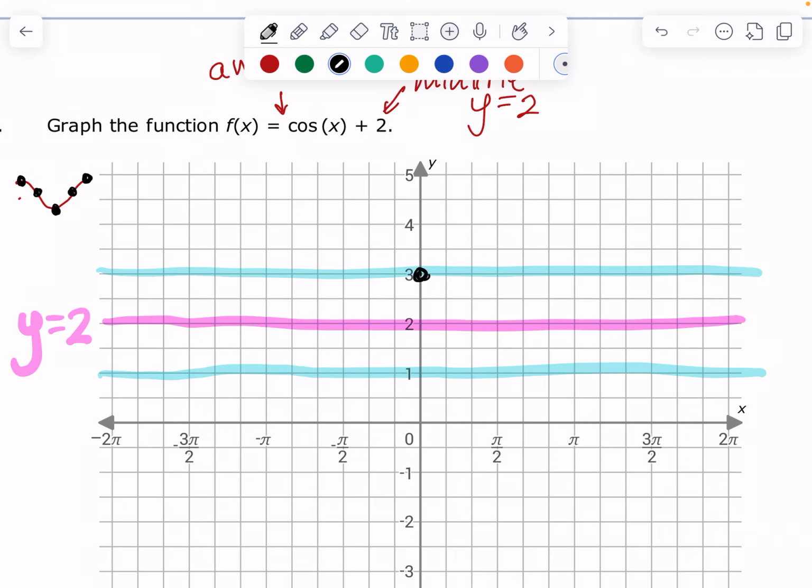So it's going to start up, halfway between, go down, halfway between those, cross the midline. Cross the midline. So then make it look curvy, like that. And then same thing on the other side, up, halfway down, halfway cross, and go down.